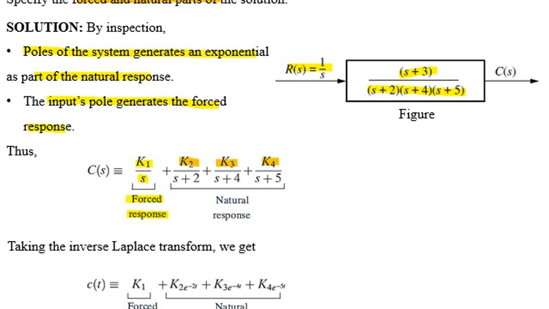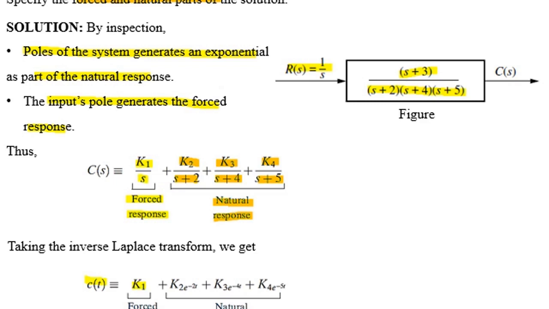Second, third and fourth terms of the partial fraction will be due to poles of the system, representing pole at -2, pole at -4 and a pole at -5. These three terms combinedly will form natural response of the system.